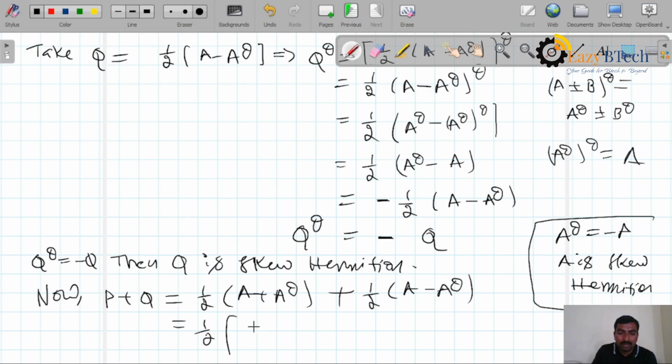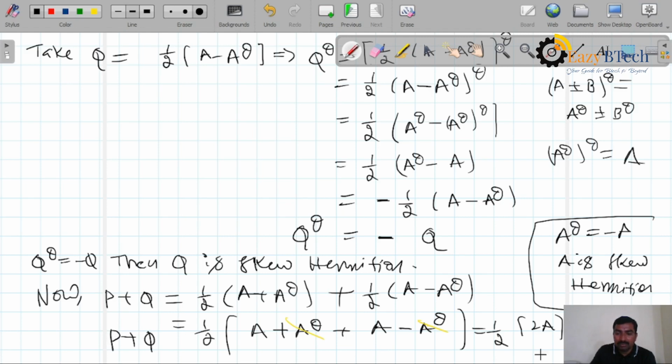If you take 1 by 2 common, you will get A plus A power theta plus A minus A power theta. Here A power theta and minus A power theta should be cancelled. Then finally you will get 1 by 2 into (A plus A), 2A, the 2s cancel, then finally we will get A. So finally, P plus Q equals A.